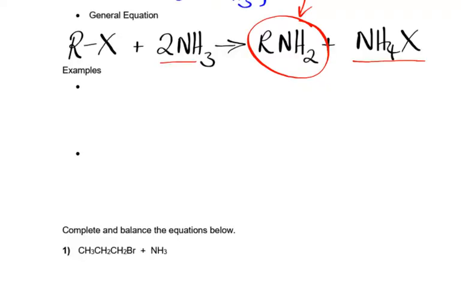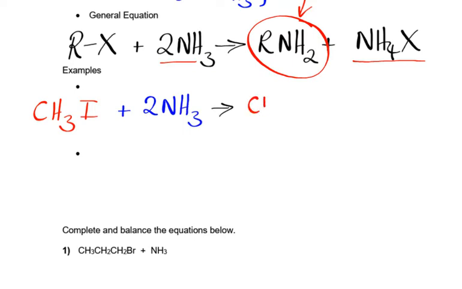So another example of an equation. If we started off with iodomethane, so we can put down our 2 ammonias. It's going to give us methylamine as well as ammonium iodide.